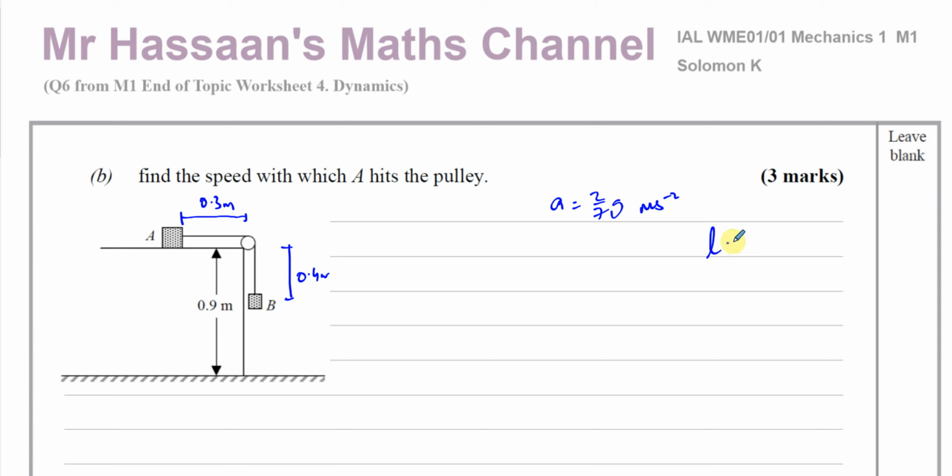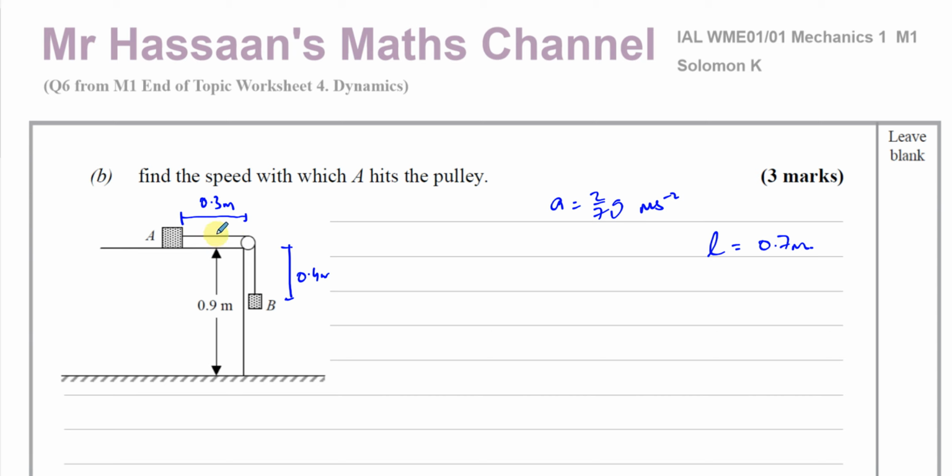If this is 0.4, what's left is 0.3 on the string, since the total length is 0.7 meters. So I know that the distance of A from the pulley is 0.3 meters.